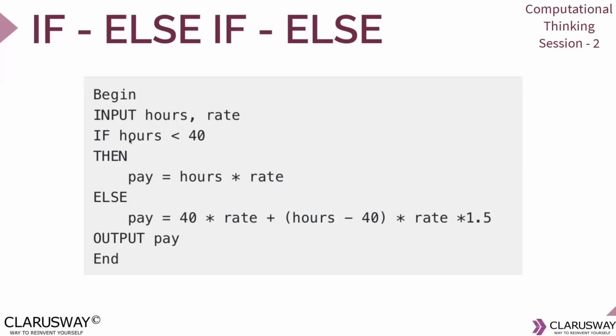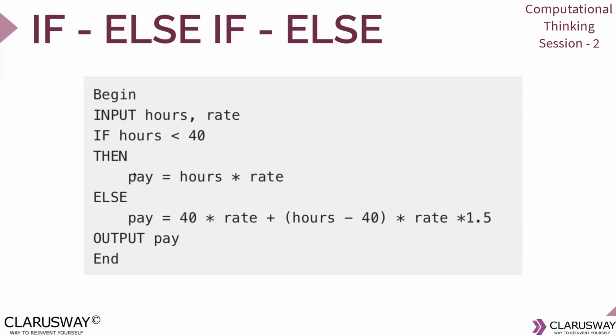Are hours less than 40? And what should happen if it is less than 40? Hours multiplied by rate. Yes, that's it. So if this is correct, it should go here. And this is correct in our case because hours are 30 and 30 is less than 40. So it goes here.